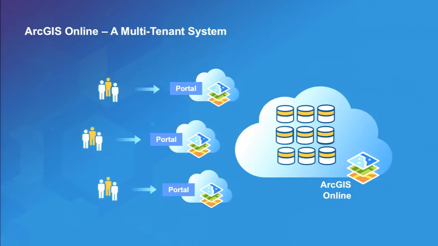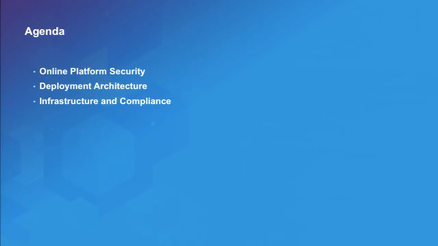And all of this sits on the same platform, the same infrastructure and systems and so on. So that brings up a lot of questions about security, privacy, and so on. So this is what we're going to try to address in this session.